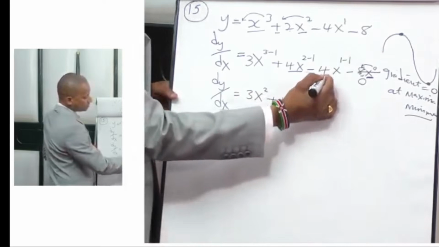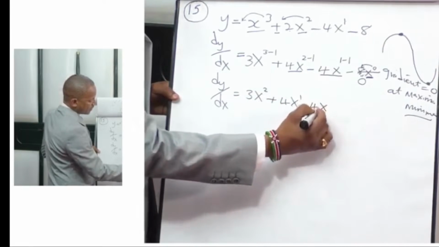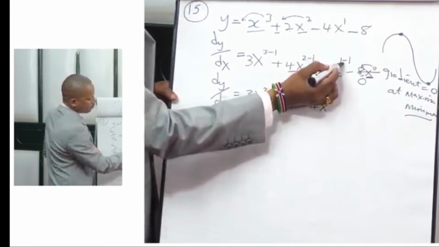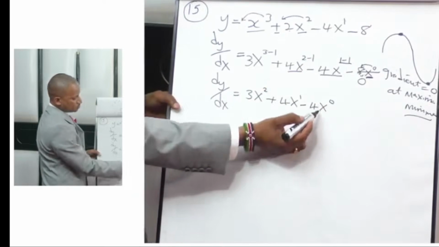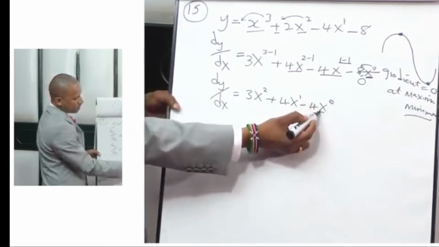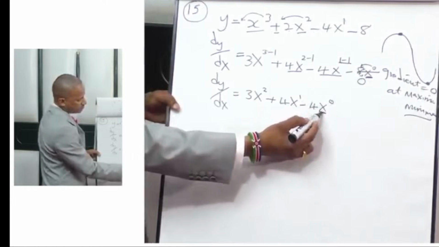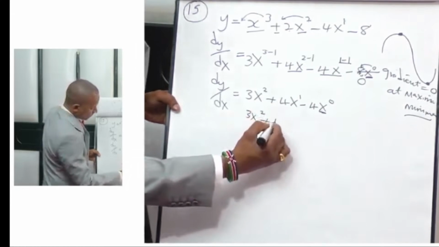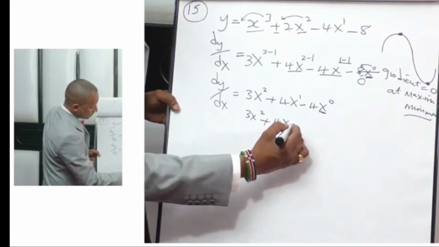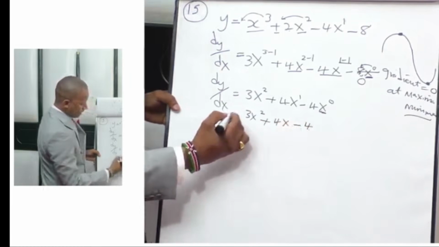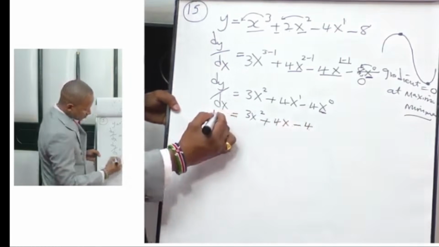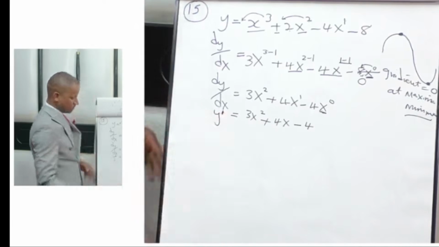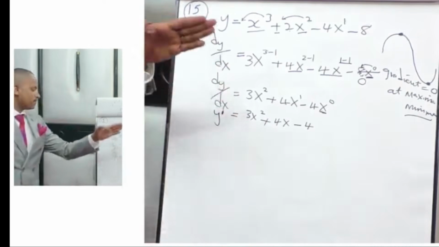Minus this is 4x raised to power 1 minus 1 is 0. x raised to power 0 is 1, so this number is only 4. So this becomes 3x squared plus 4x minus 4. This is dy/dx or y prime.